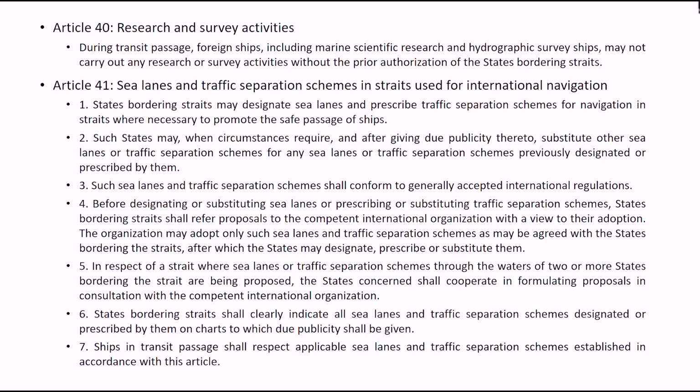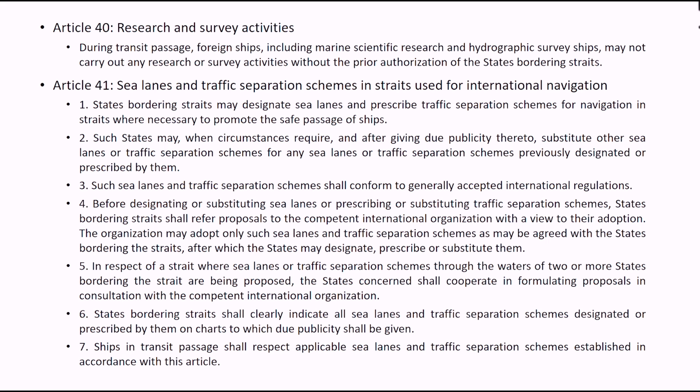Article 41, sea lanes and traffic separation schemes in straits used for international navigation. States bordering straits may designate sea lanes and prescribe traffic separation schemes for navigation in straits where necessary to promote the safe passage of ships.